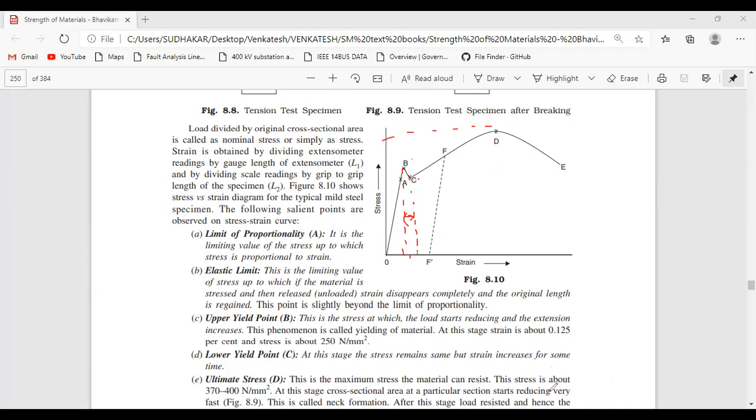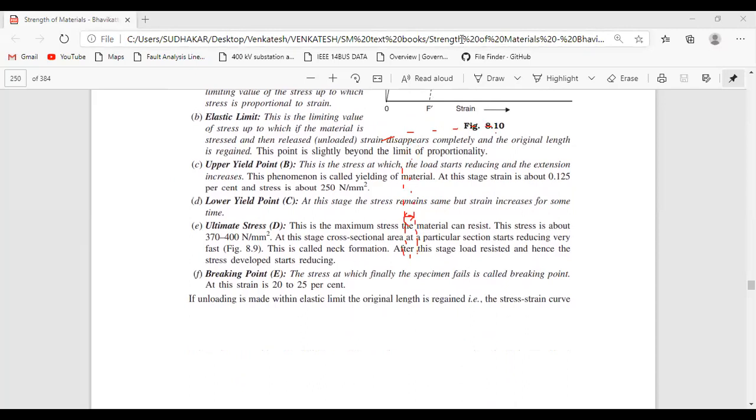After this stage, the load resisting capacity and the stress developed start reducing.